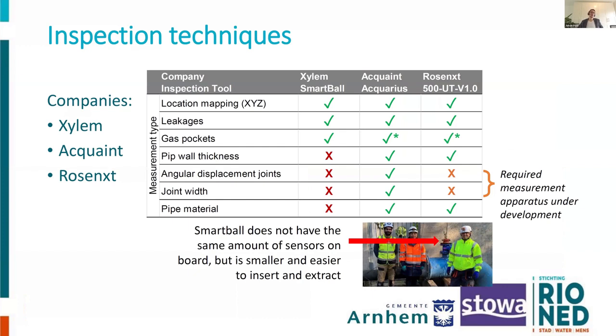So if you look at what these different types of tools measure, we have location mapping. So where is the pipeline actually located, the XYZ dimension. They all do that.